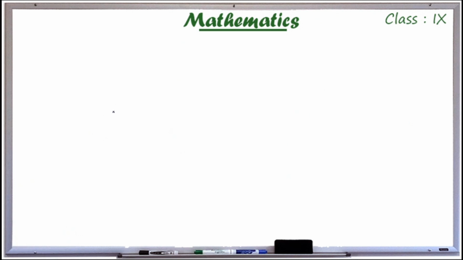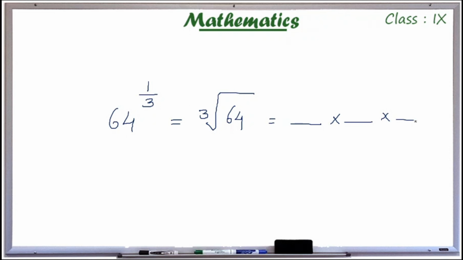Suppose 64 raised to 1 by 3. I have to find 64 raised to 1 by 3, which is equal to third root of 64 or cube root of 64. So I have to multiply 3 equal numbers so that I will get 64. So what is the number?